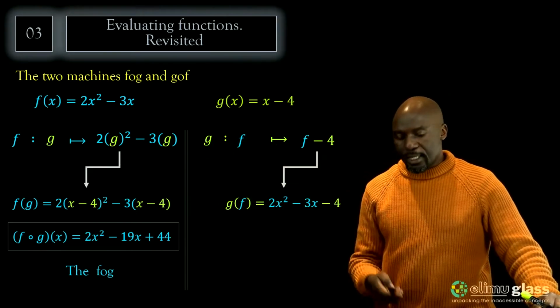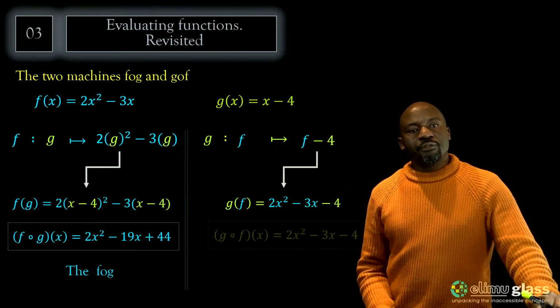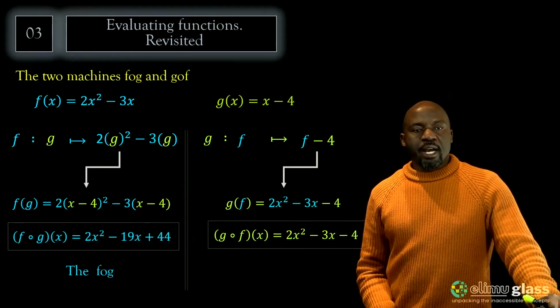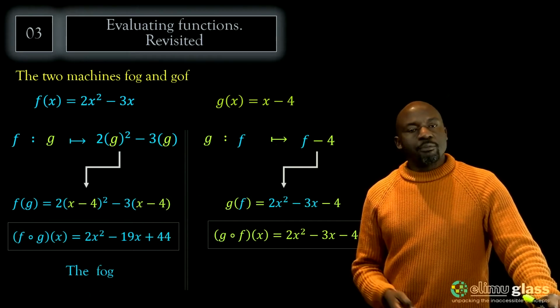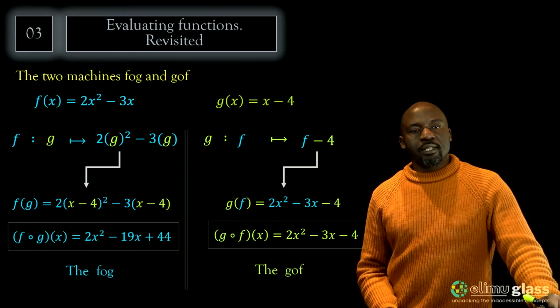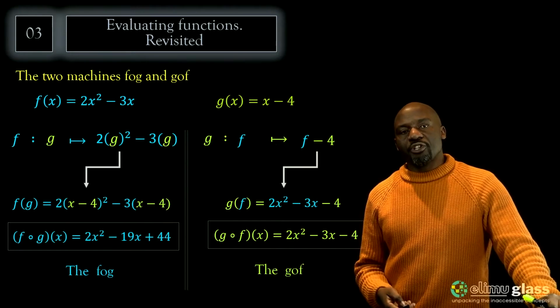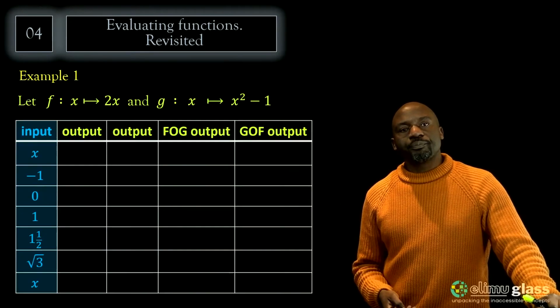So we substitute that in, and we come up with g of f of x as 2x squared minus 3x minus 4. And this is another composite function that we would refer to as the gof. So this is how we find a composite function, a function of a function.